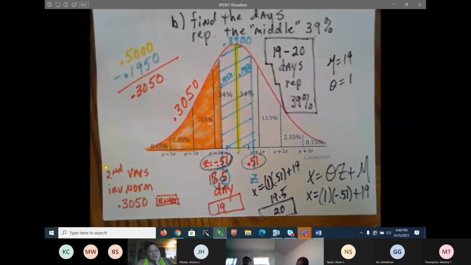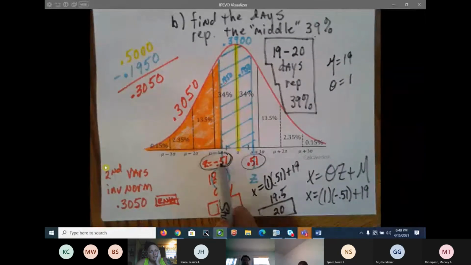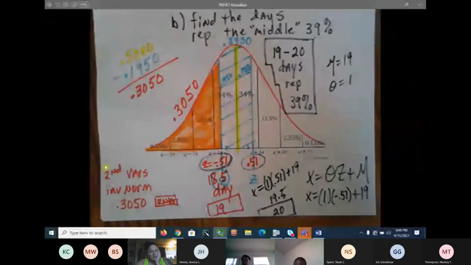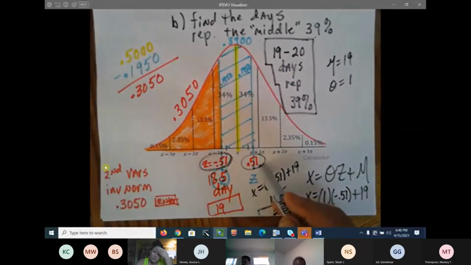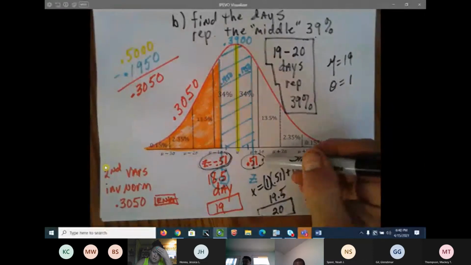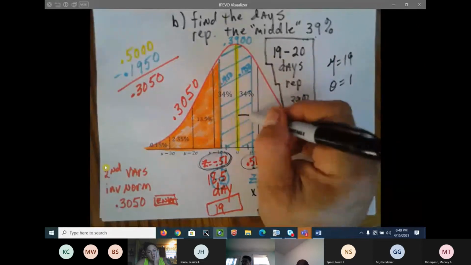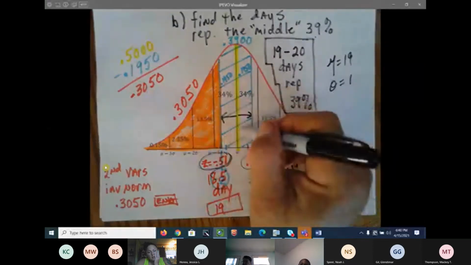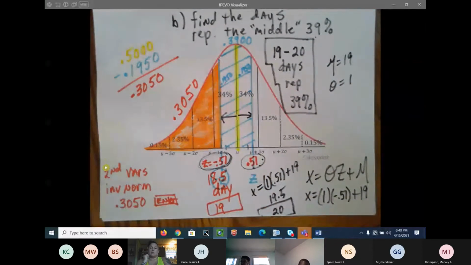I changed that to 0.51, negative and a positive. I said you only had to figure one z-score, and then you just put the positive over here. If this is negative 0.51, then this is what? Positive 0.51, because these are both the same distance from the middle.